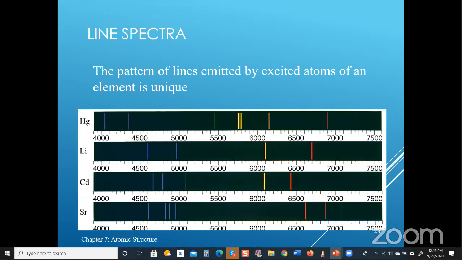So this is just a few examples of line spectra for different elements. This is the line spectrum for mercury. This one is for lithium. This one is for cadmium, and this one is for strontium, all right?